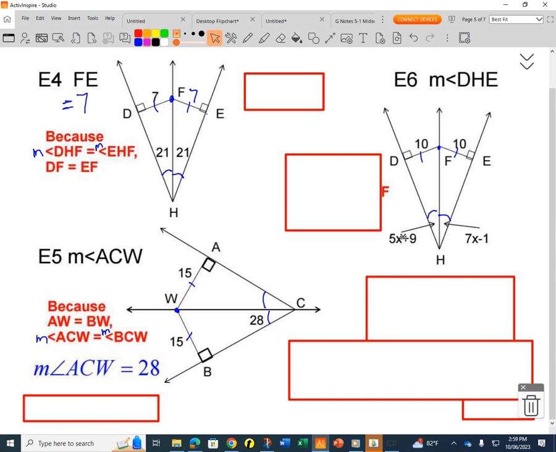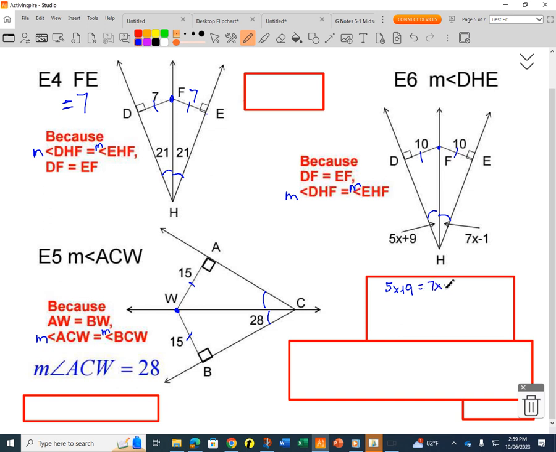Now I can use that relationship to write an equation and solve for x. As a recap so you can write something down: because DF equals EF, the measure of angle DHF is equal to the measure of angle EHF. So now I can write an equation: 5x plus 9 equals 7x minus 1.